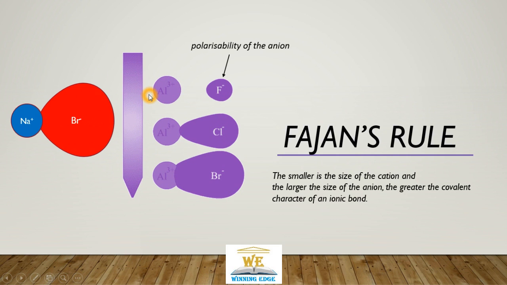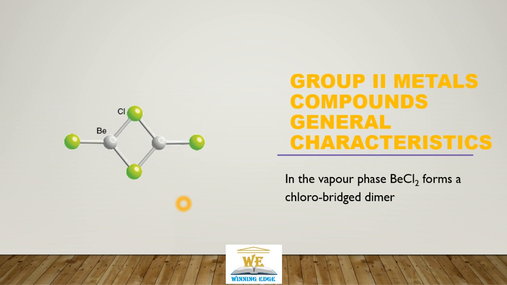Here you see, the polarizability of an anion increases with increase in size of anion. For the same cation, with increase in the anion size, our covalent character increases.